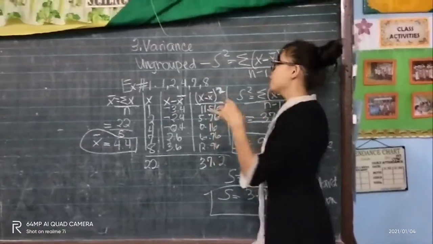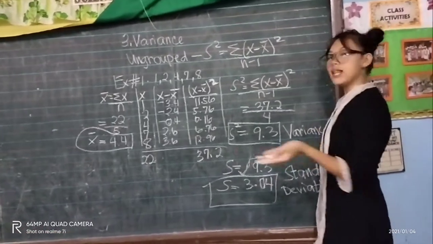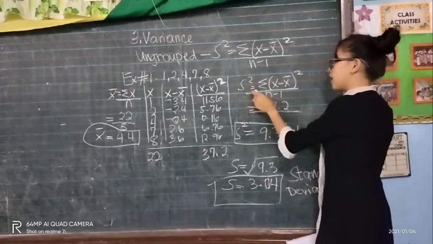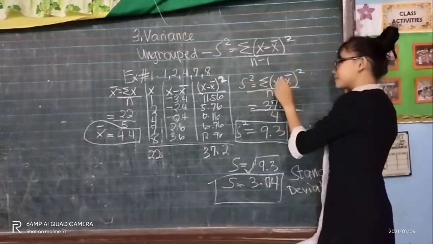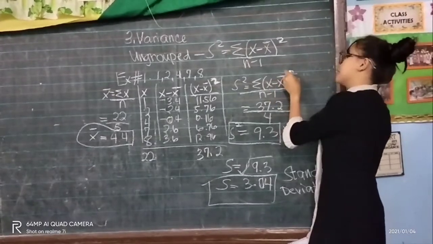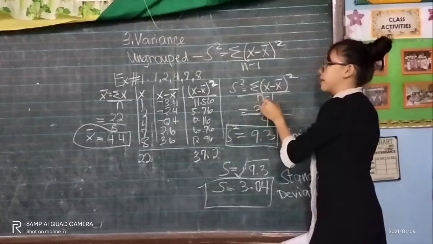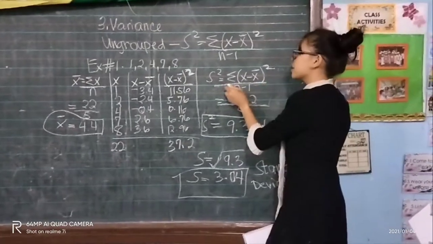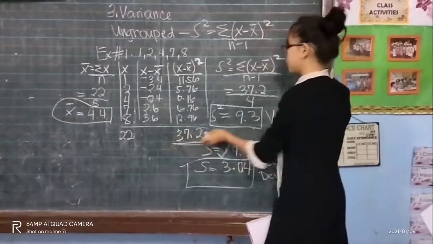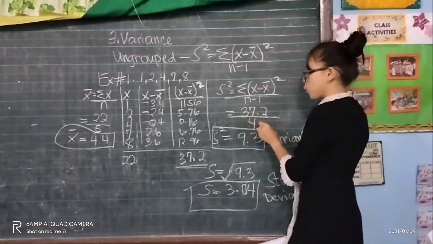So we already have this value, so we can now compute our variance. Our formula of variance is here. s squared is equal to summation of quantity x minus mean raised to the power of 2 all over n minus 1. So our value here is 37.2, so we're going to put 37.2 here. And why 4?